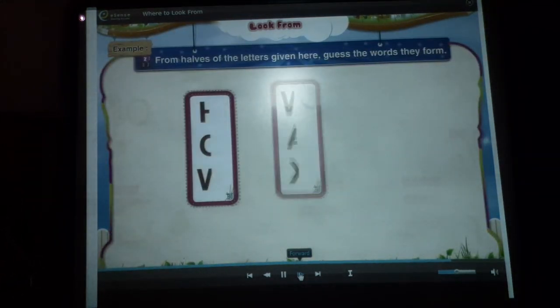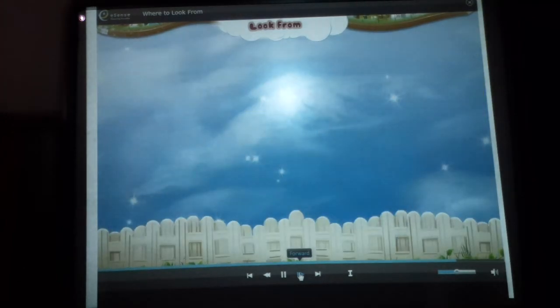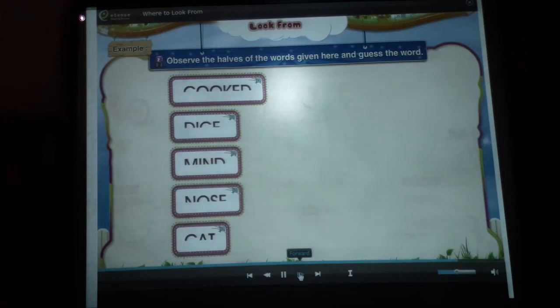Example. From halves of the letters given here, guess the words they form. Solution. Here the first word formed is half and the second word is wax. Example. Observe the halves of the words given here and guess the word. Solution. The first word is C, O, O, K, E, D, cooked.